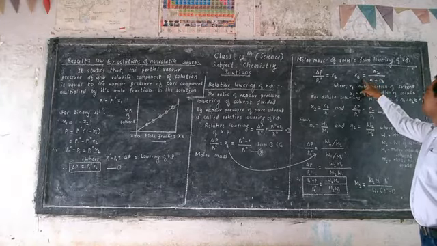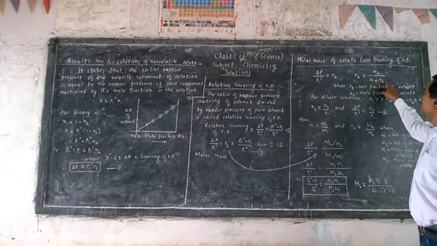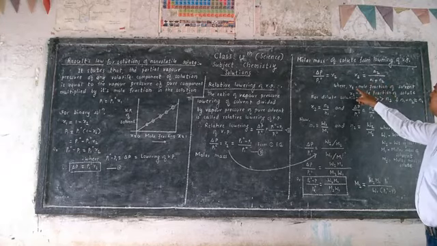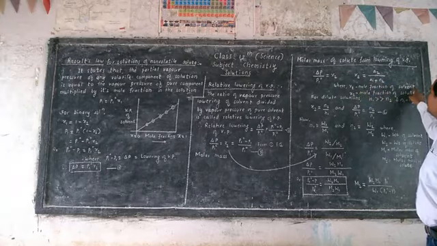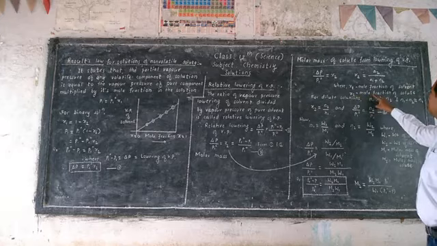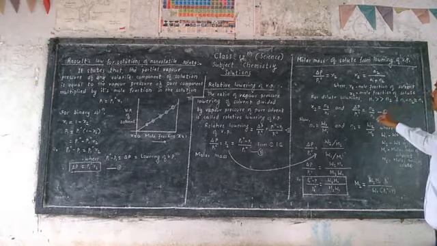So X2 is equal to n2 upon (n1 plus n2), where X1 is the mole fraction of solvent and X2 is the mole fraction of solute.